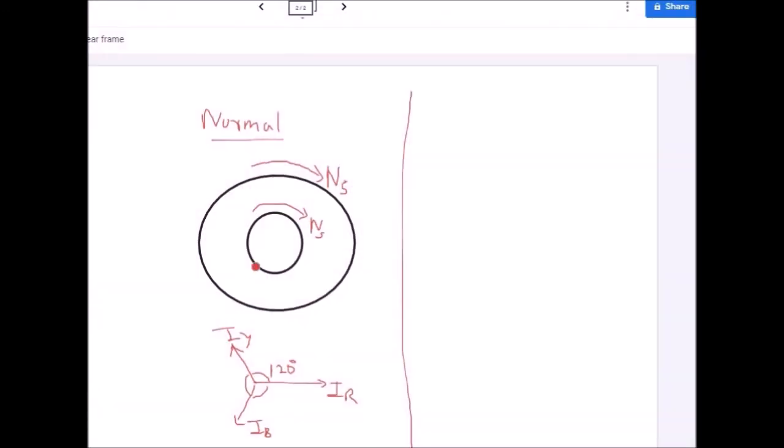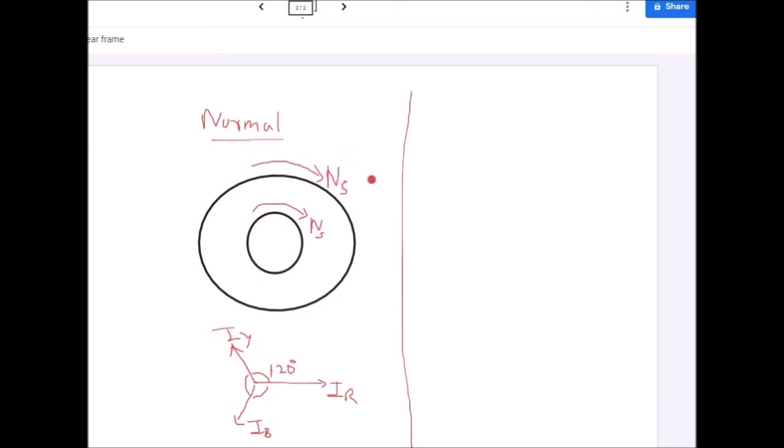Under normal operating conditions, the rotor rotating magnetic field is rotating with a speed of ns, and the stator rotating magnetic field due to stator current also rotates in the same direction with the same speed ns. Therefore, due to zero relative speed difference between the stator rotating magnetic field and the rotor rotating magnetic field, there are no induced currents in the rotor core.